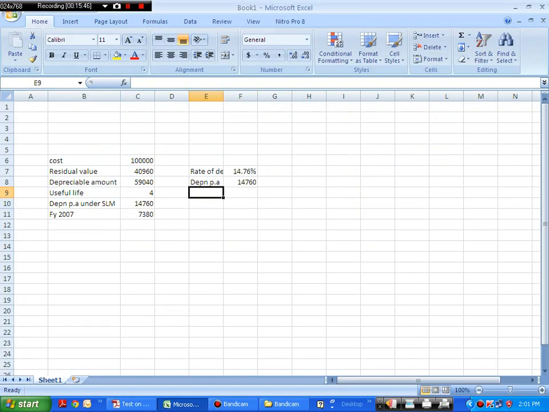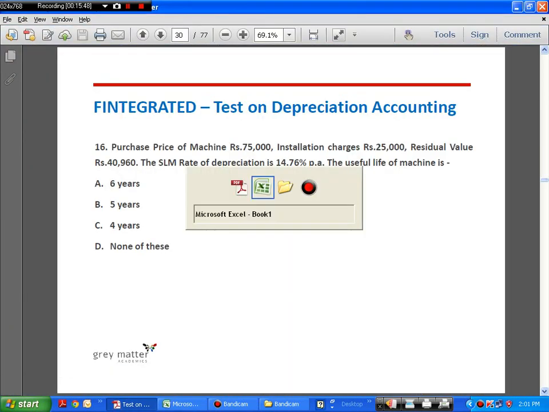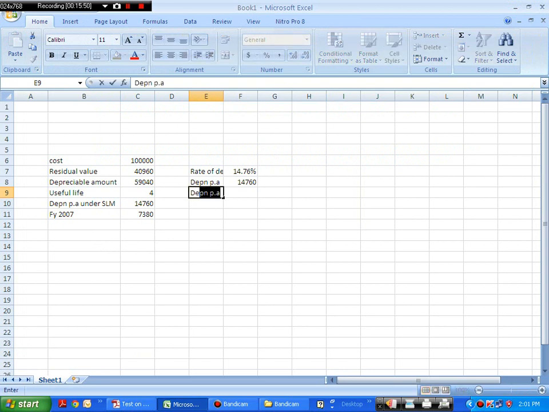We know that the depreciable value is 1 lakh minus 40,960, which is 59,040.